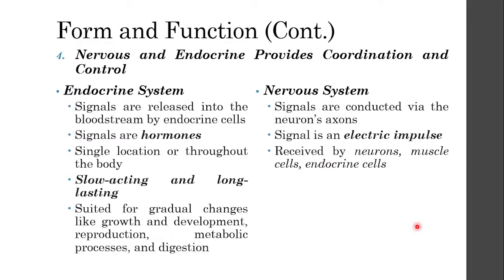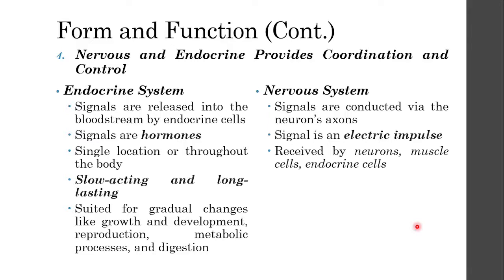There are only three locations where the nervous system signal is actually received. One is neurons, when you want to transfer one signal from one neuron to the next neuron, and then also the muscle cells. The reason that you can move is because your brain connects your brain signal onto your muscles and your skeleton via the nervous system.